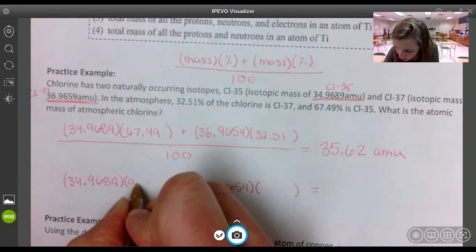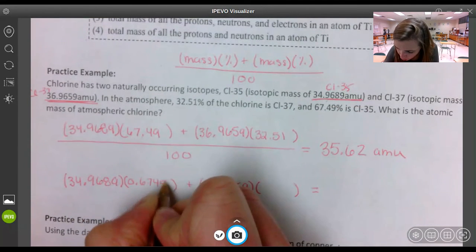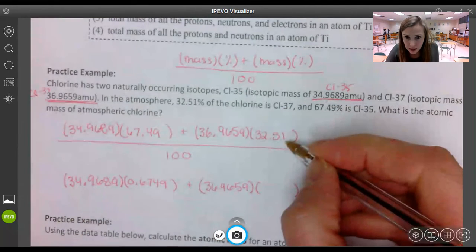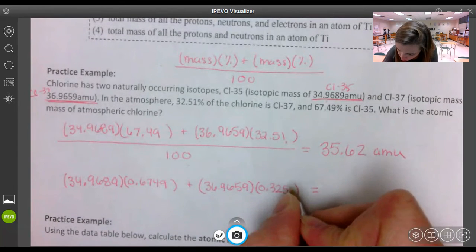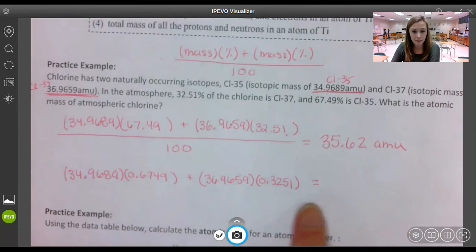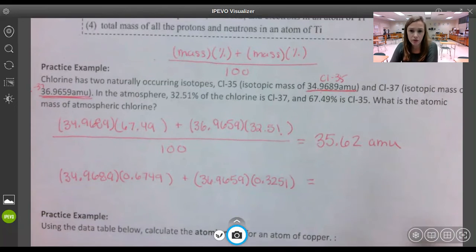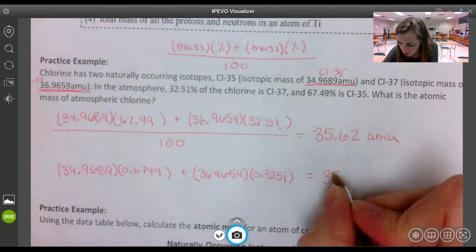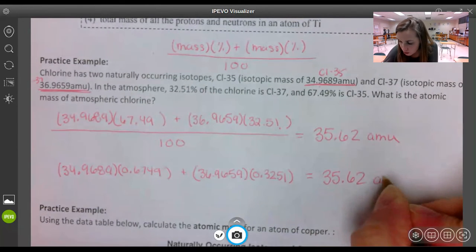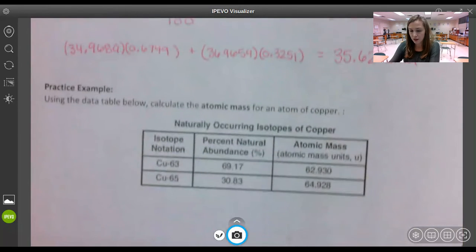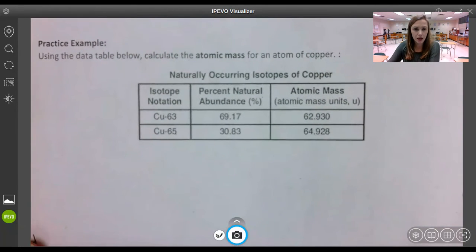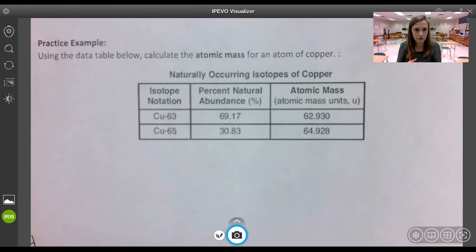So this would be 0.6749. I'm going to take this percentage, divide it by 100. So 0.3251, and that could be my setup instead. You just have to be really careful with your decimal places, and that will give me my same answer, 35.62 AMU. So what I would suggest is you pause the video and try out this second practice question and then compare it to mine.